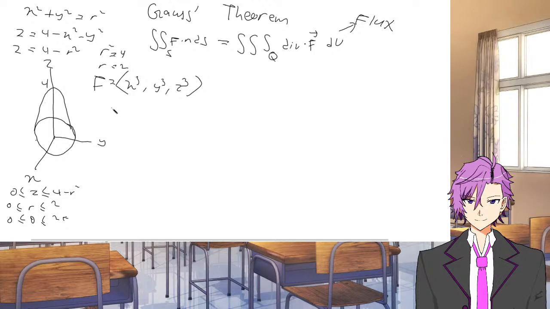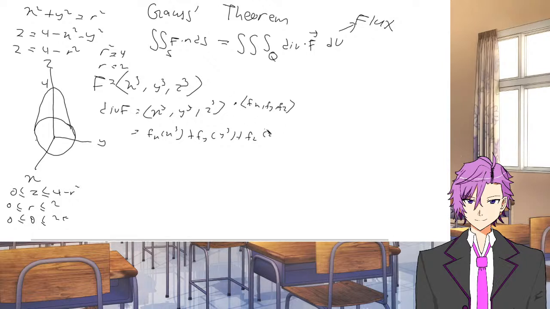Okay, the next thing we need to do is find the divergence of F. The divergence of F is the dot product of the gradient operator with F, so the partial of fx, x cubed, plus the partial of fy, y cubed, plus the partial of fz, z cubed.